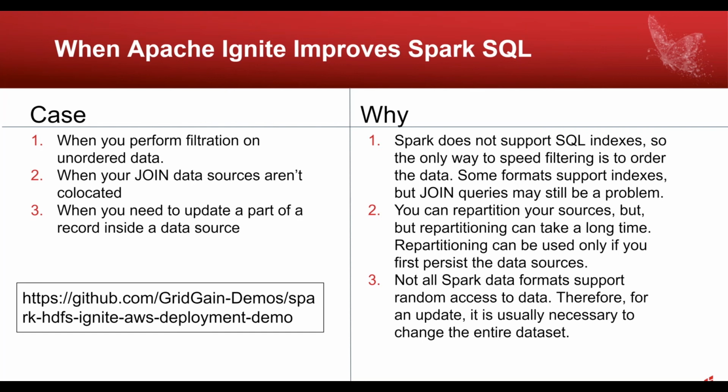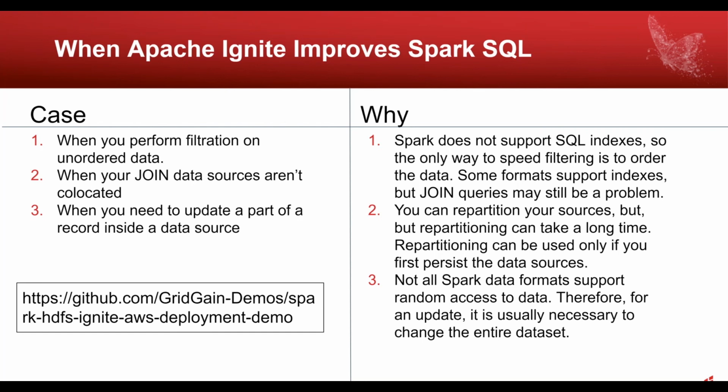First case can't be applied because in our case we have ordered data, but in case we have unordered data, it will be much slower. So some SQL queries weren't able to be executed in case of unordered data stored in HDFS. So those results we didn't provide, but it's very important. Yeah.